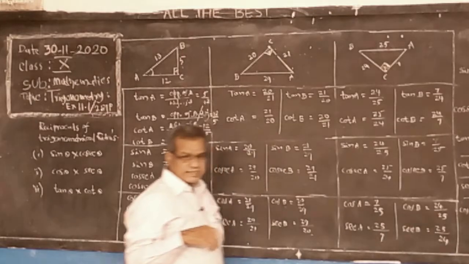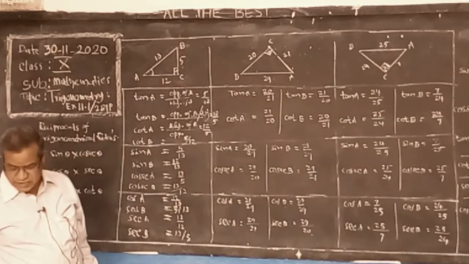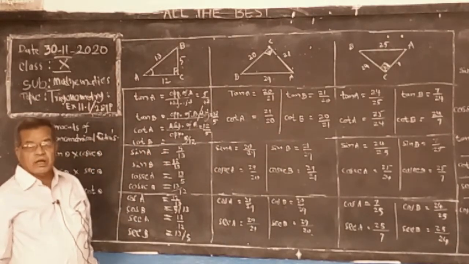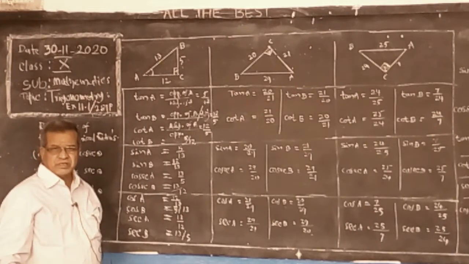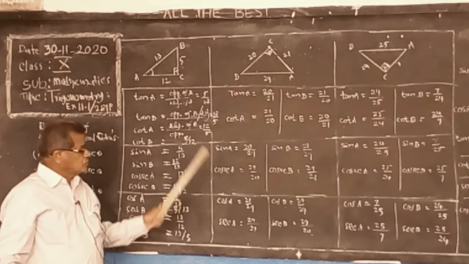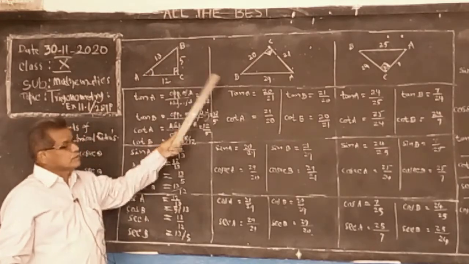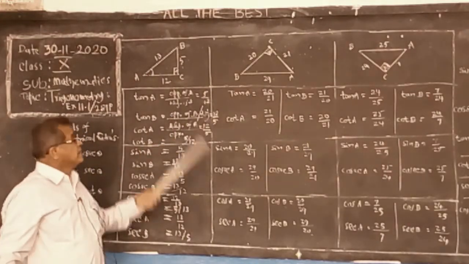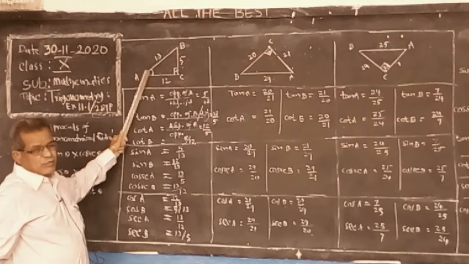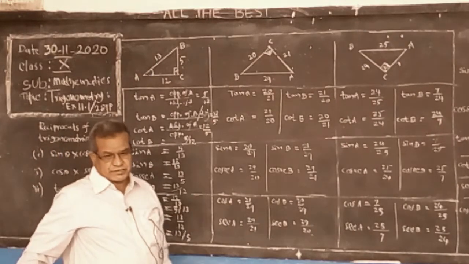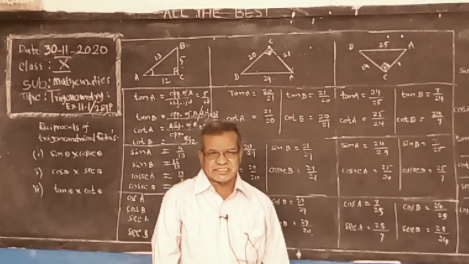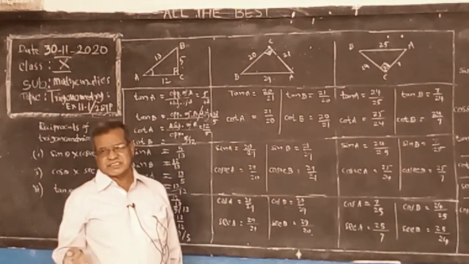So like this we have to practice the trigonometrical ratios. So very important, don't confuse. If angle changes, opposite side also changes, adjacent side changes. If one angle is changing, the sides also change.